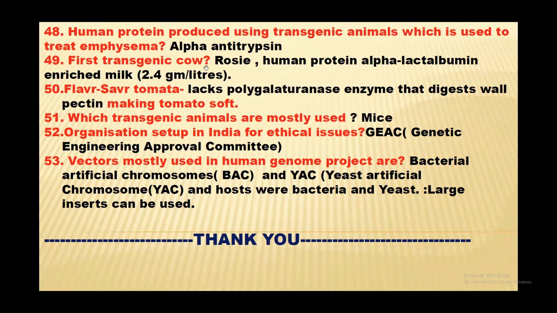It gives human protein alpha-lactalbumin enriched milk, 2.4 grams per liter. This is also an important line. Then flavr savr tomato lacks the polygalacturonase enzyme that digests pectin.